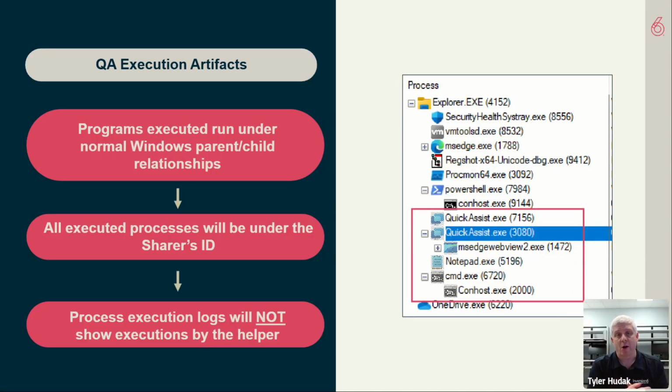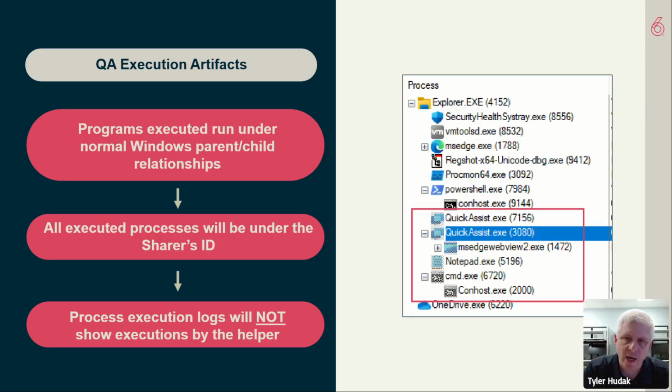In terms of Quick Assist execution artifacts, remember, one of the things that we want to try to figure out is, an attacker was connected to a system. What did they execute while they were in there? Because the programs are executed in a Quick Assist session under their normal Windows parent-child process, that means all of the executed processes are going to be under the sharer's ID.